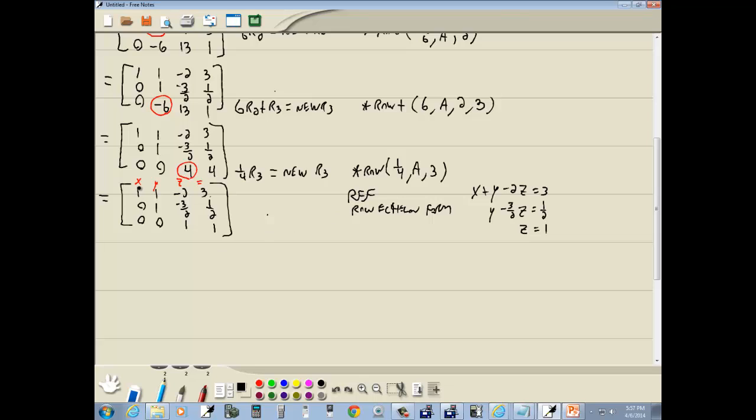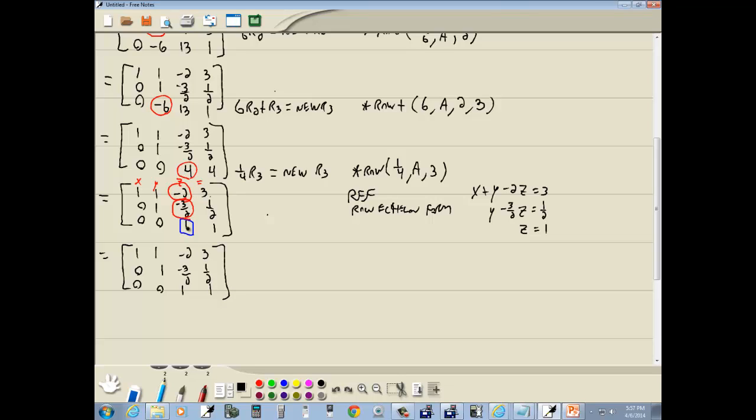So now that we worked our way down, got our ones in our diagonal and zeros below it, we're going to work our way back up. So I'm starting with this one down here, and now I'm going to go in reverse. I'm going to work at getting a 0 here and a 0 here. 0, 0, 1, 1, 0, 1, negative 3/2, 1/2, 1, 1, negative 2, 3.